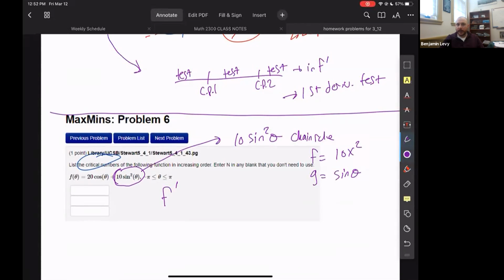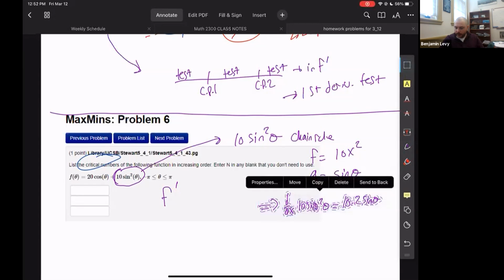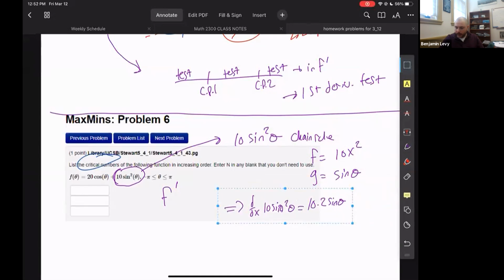Right, so when you differentiate 10 sine squared, you should get 10 times 2 sine times the derivative of sine.